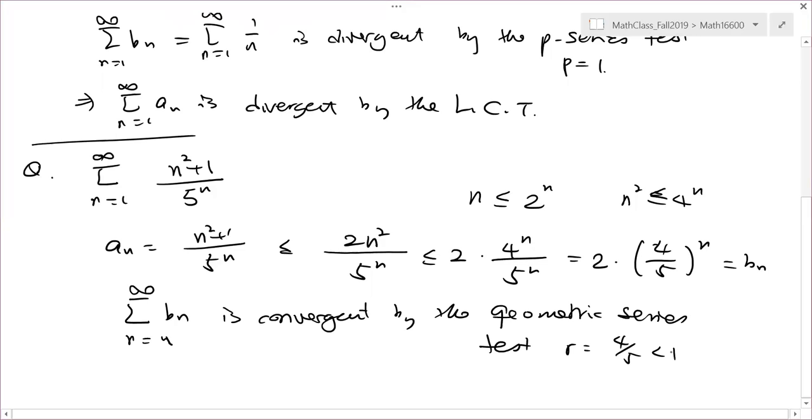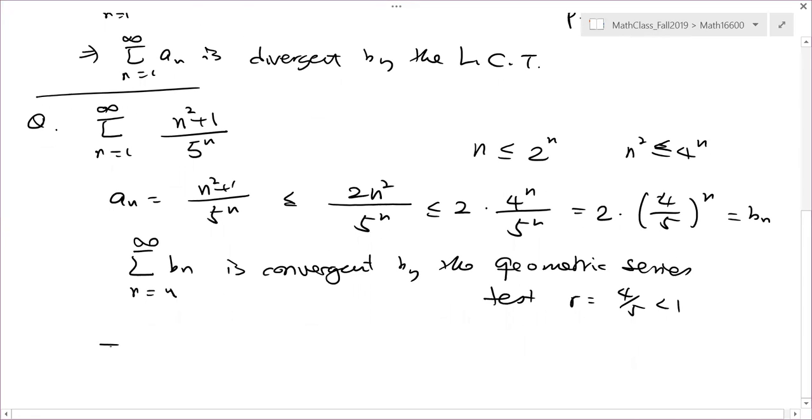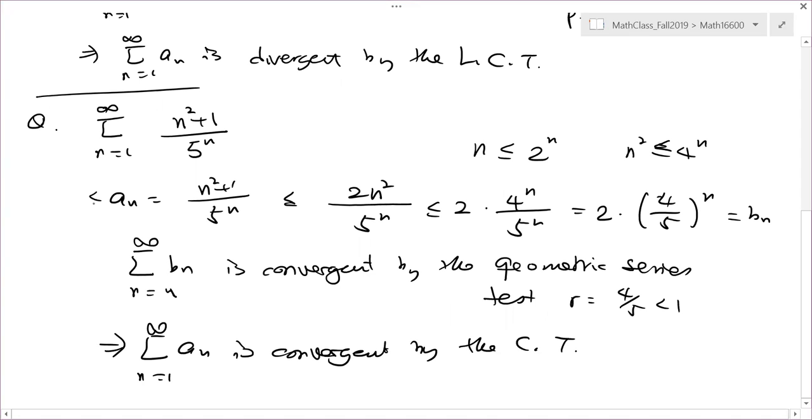There are two types of special series, the geometric series and the p-series, and we know the results, so we just use them. This implies the series is convergent by the comparison test. I have to indicate the terms should be non-negative, otherwise you cannot use the comparison. This will be the complete solution.